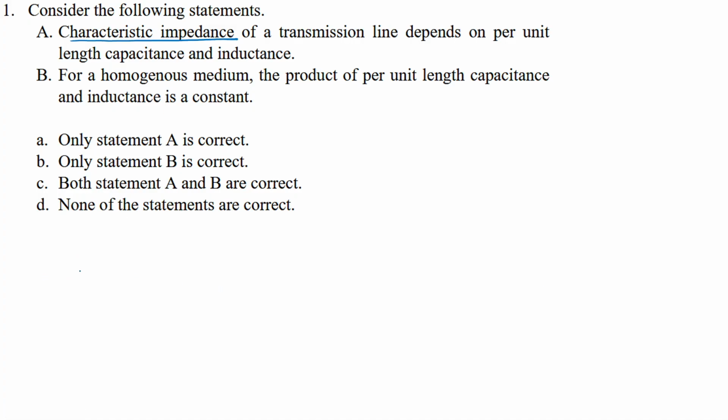Meanwhile I will write what characteristic impedance is. Z0 of a transmission line is represented as Z0.